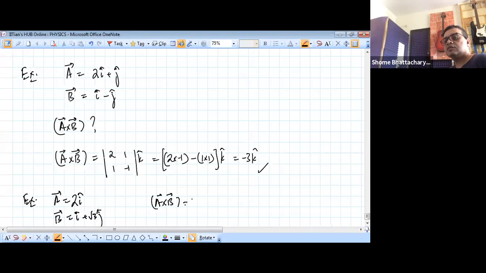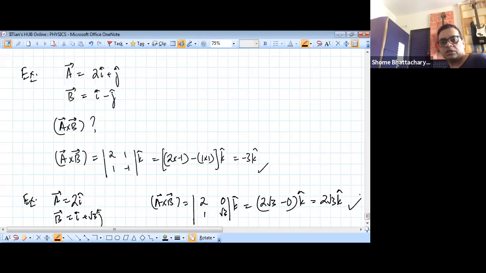So in this, write it as 2 0, 1 root 3, into k cap. So that is 2 root 3 minus 0 k cap, or that is 2 root 3 k cap, which we got by earlier two methods. But from this point onwards, we will always use this method because it's the easiest.